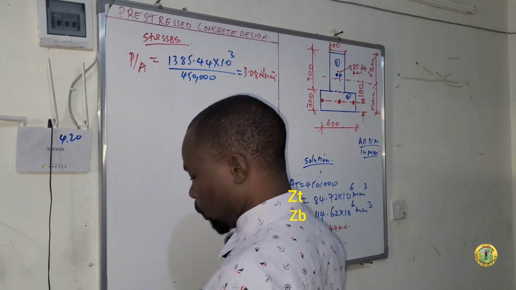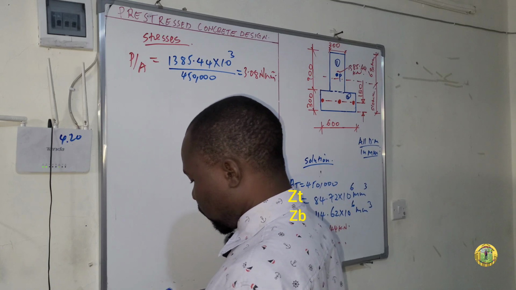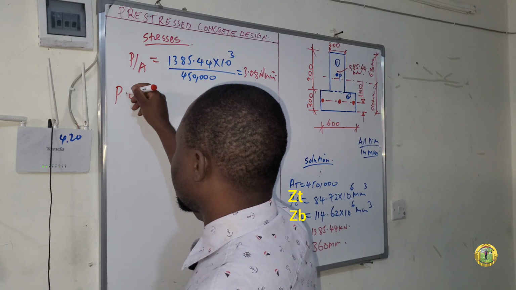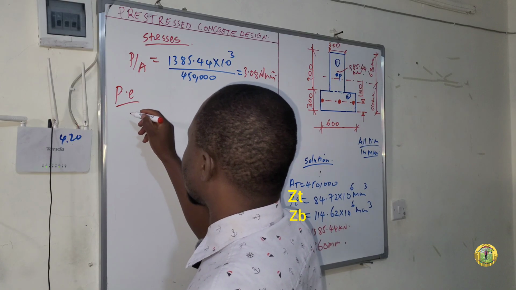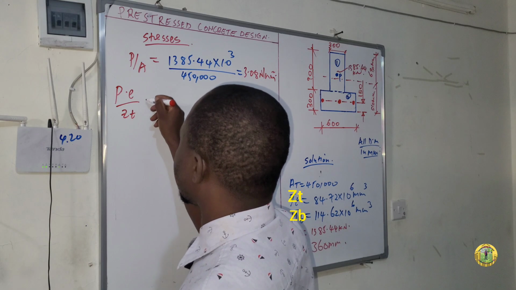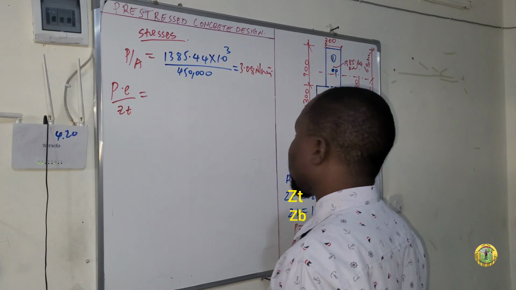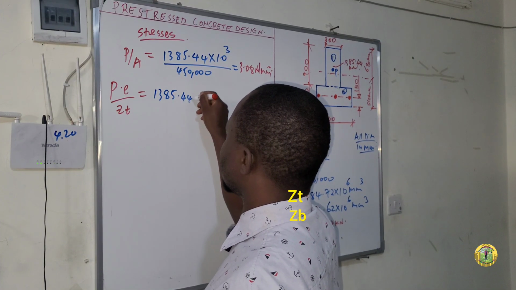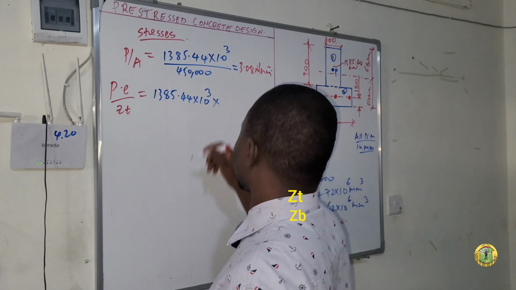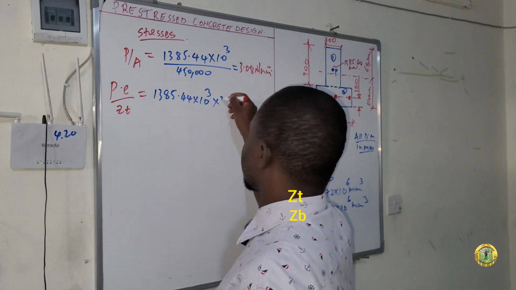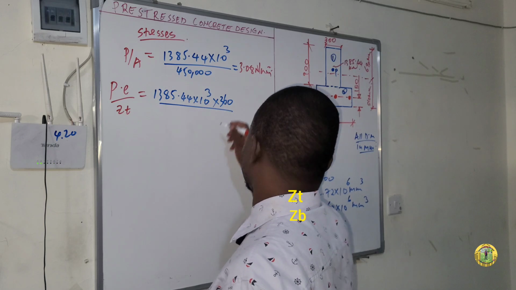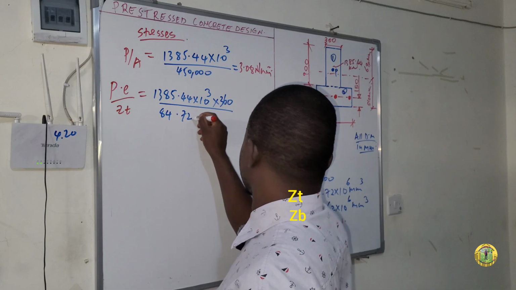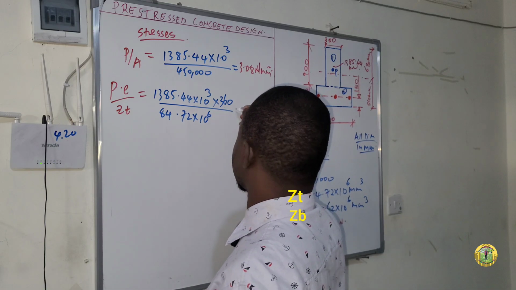We proceed to PE over Z top. So this one is equal to, our P here is 1385.44 times 10 to the power of 3, and then E is 360, over Z top, which is 84.72 times 10 to the power of 6.